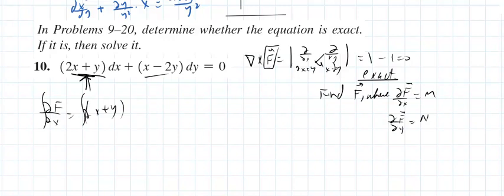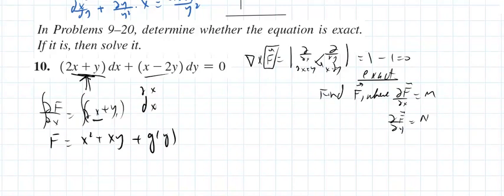So this is kind of like a partial with respect to x, like a dx. So you would say this f must be, with respect to x, x squared plus xy, because that's considered a constant, plus, now comes the tricky part, a function of y.